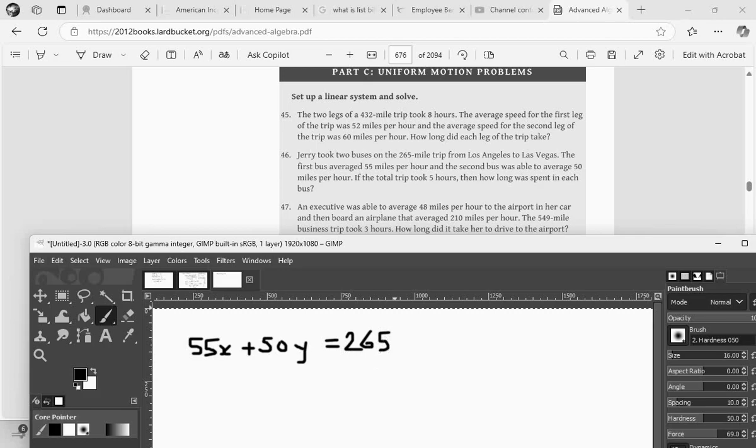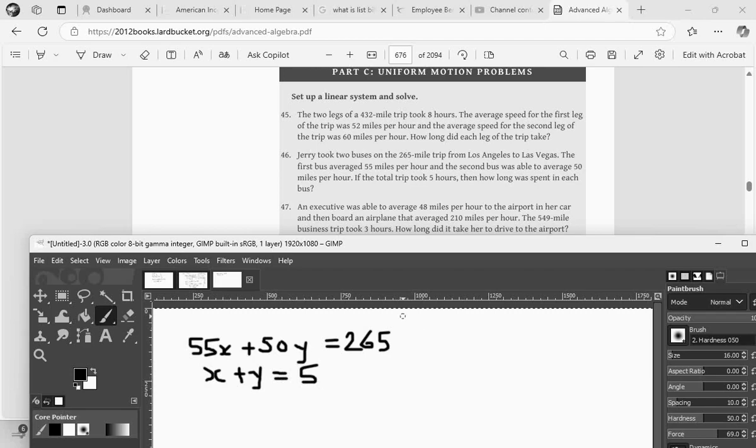That's your total distance driven. And we also know that x plus y equals 5 hours, the total trip. So the total time to travel 265 miles was 5 hours.